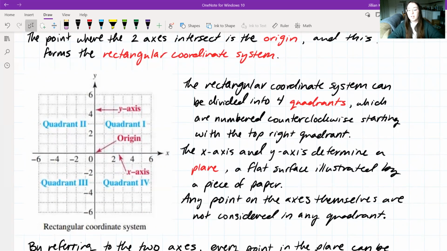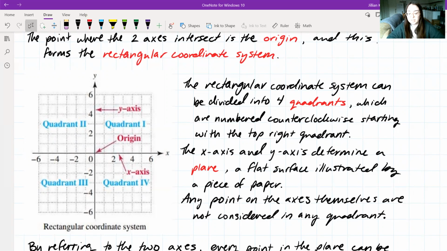Our vertical line, or our line that goes up and down, is our y-axis. So these will plot our y values. And our horizontal line is our x-axis, or where we'll plot our x values. And where they intersect there is going to be the origin. And those are where our numbers start. So they start at 0 at the origin.